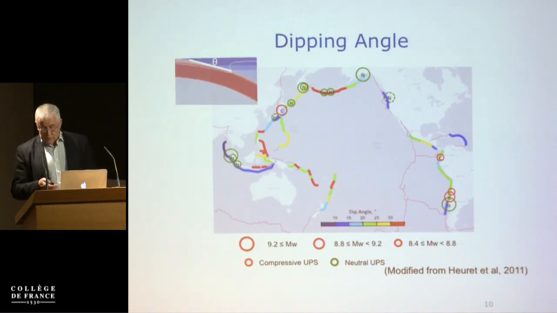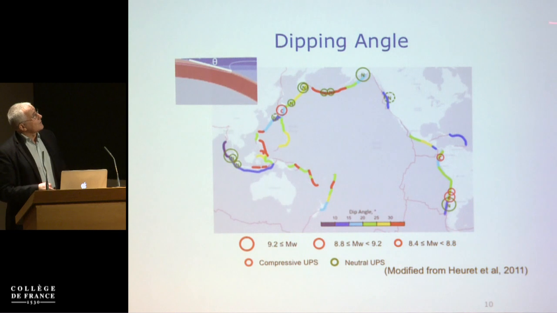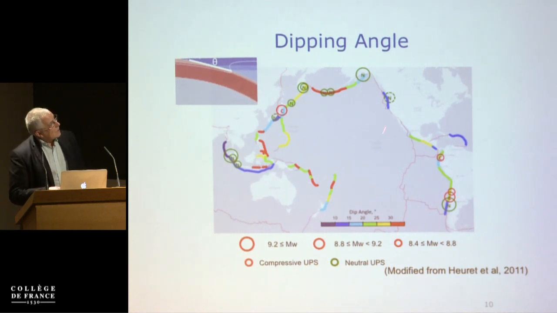Another observation was also indicated before, but I'm stressing it more. This is the dipping angle of the subduction zone. You see, again, all earthquakes with a magnitude more than 8.4 are happening at subduction zones with quite shallow, quite gently dipping subduction.